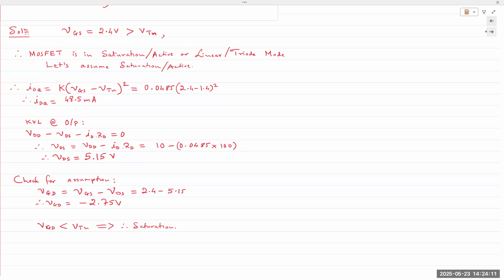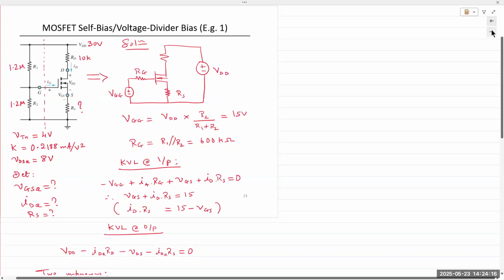Let's look at a slightly more complicated problem. These next two problems use a self-bias or voltage divider bias circuit, also known as the 4-resistor bias circuit.